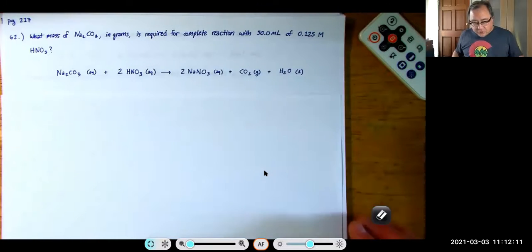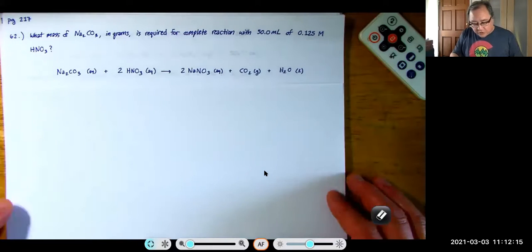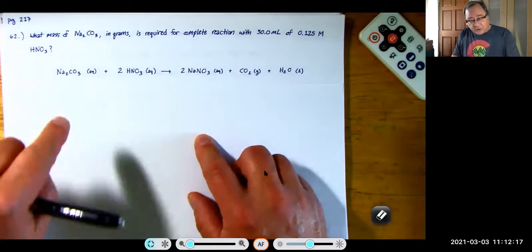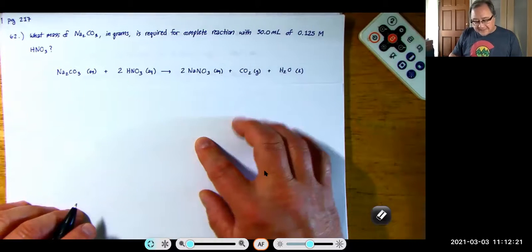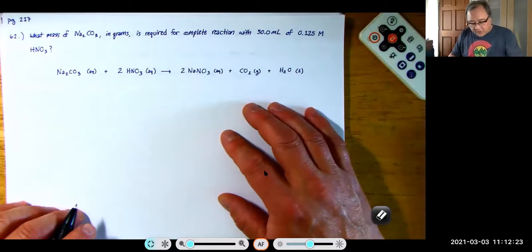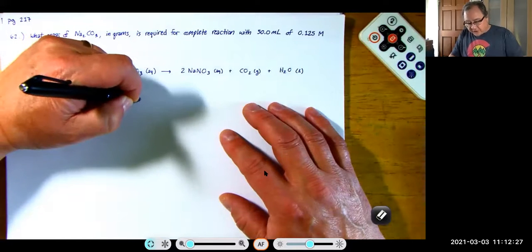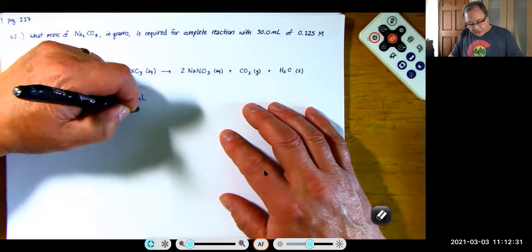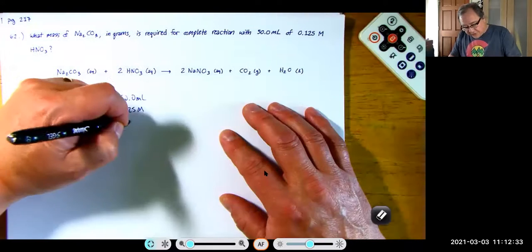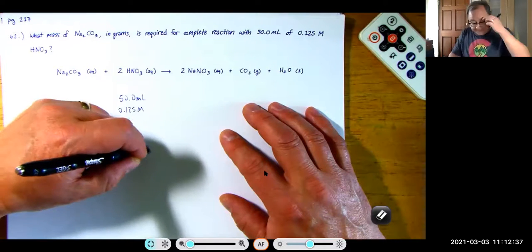So this is a stoichiometry problem. Now with stoichiometry, we're used to going from grams to moles to moles to grams. Here we're going to do something different. We're going to start off with 50.0 milliliters of this solution and a 0.125 molar concentration. We're going to use this to get the moles of HNO3.